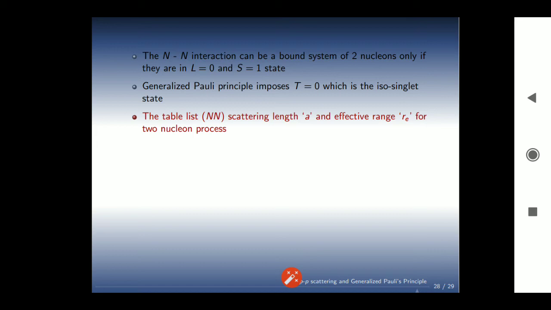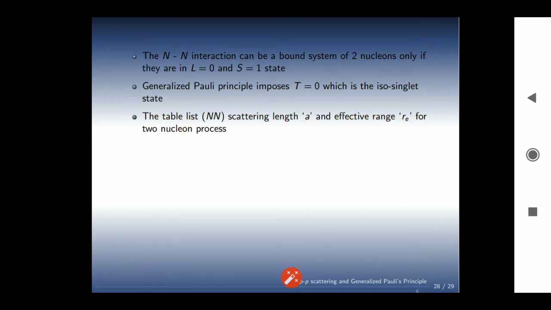So I'm going to list a table. In that list, we are going to list two parameters, namely scattering length A and effective range R for the two nucleon pairs. So two nucleon pairs can be between neutron and neutron, between proton and proton, and between a neutron and a proton. So we can have many such combinations for isospin triplet and isospin singlet.